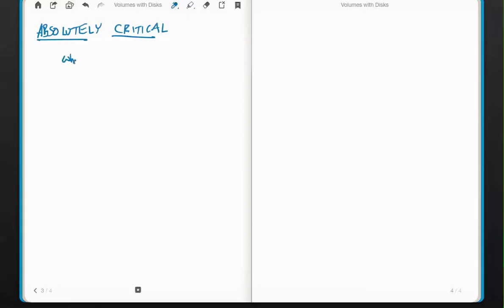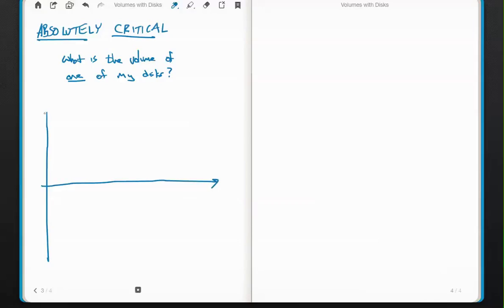What is the volume of one of my disks? Okay, well, to do that, I'm going to draw a picture of one of my disks. Here's our same original profile. This is y, this is x, and then I draw this line that goes up like this.